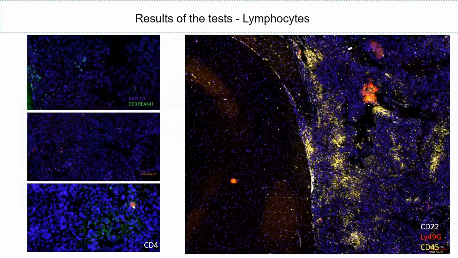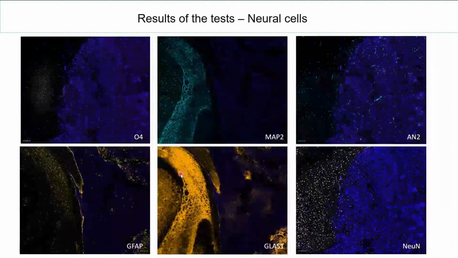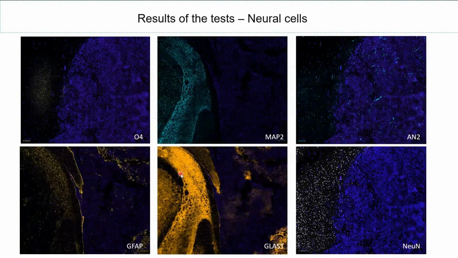So we have to increase the zoom to see these lymphocytes, but we can see the CD3 lymphocytes, CD8 and CD4. And we also have a panel for neural cells, to analyze oligodendrocytes, astrocytes, neurons.